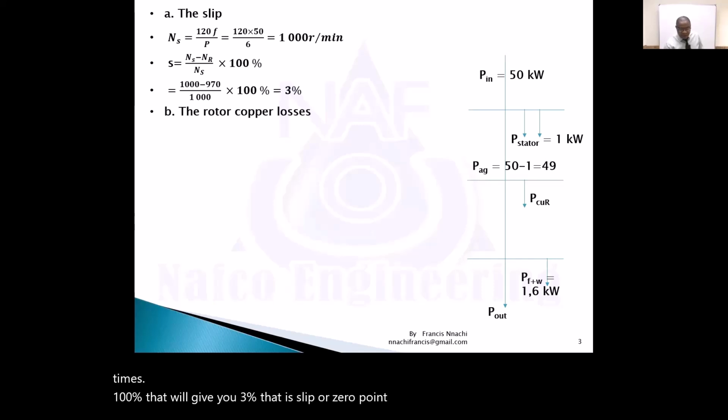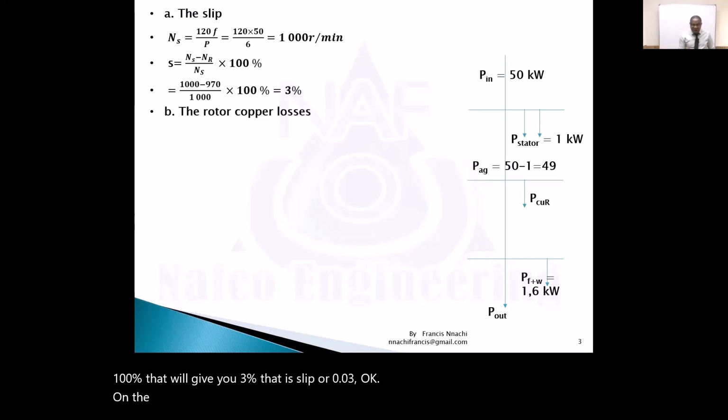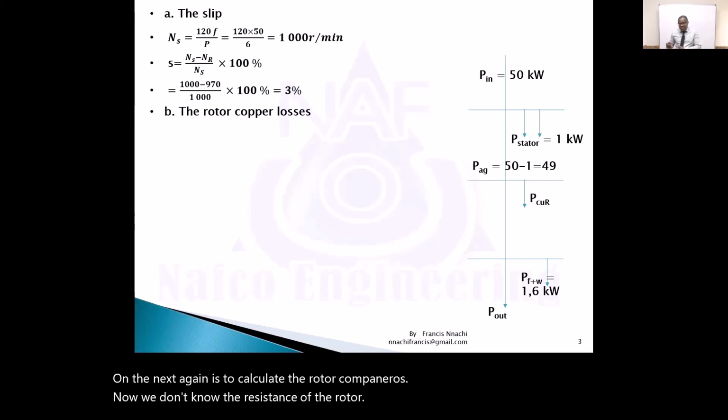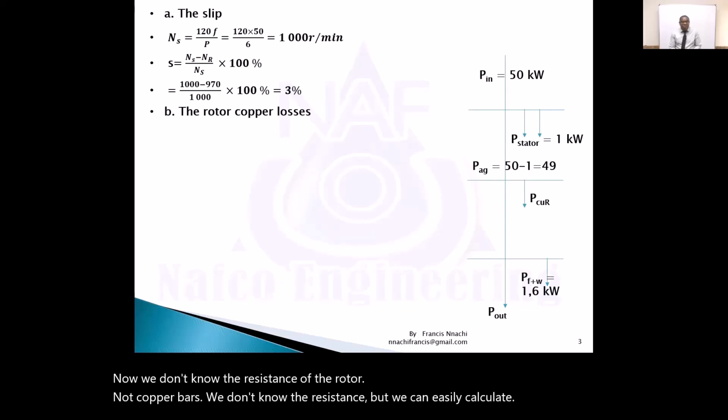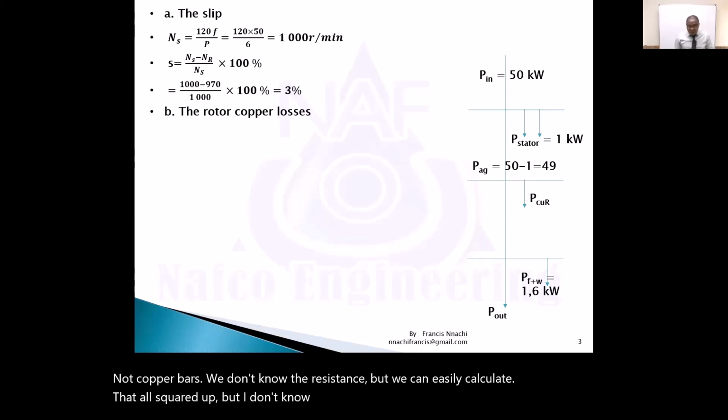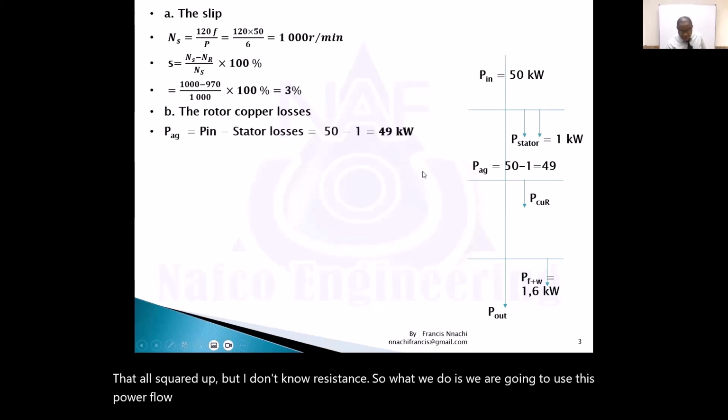Next is to calculate the rotor copper loss. We don't know the resistance of the rotor copper bars, so we can't easily calculate I squared R. So we're going to use this power flow diagram to calculate the rotor copper loss.